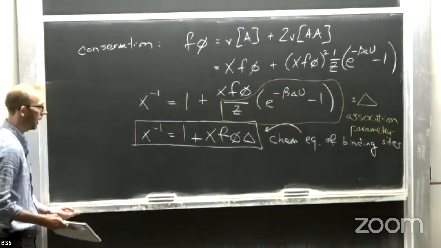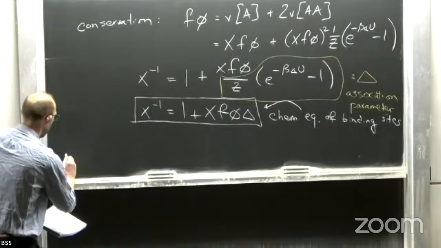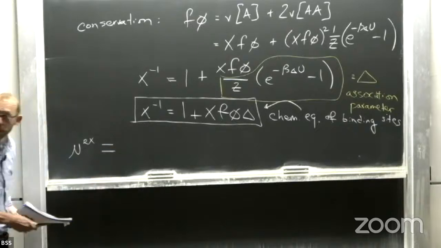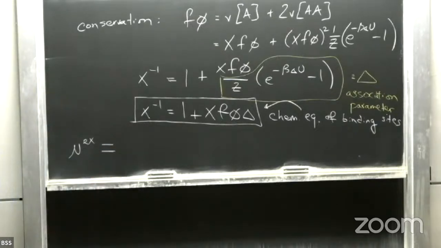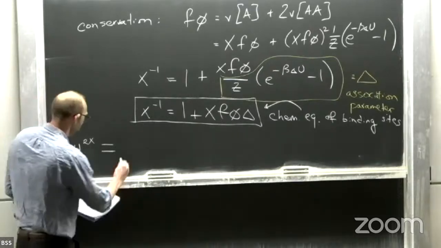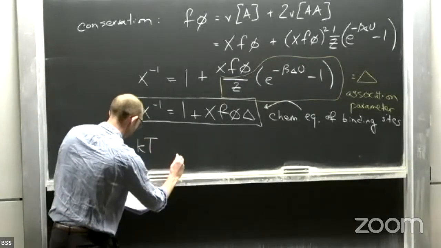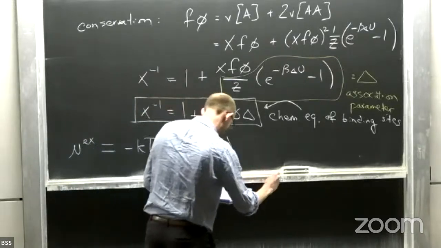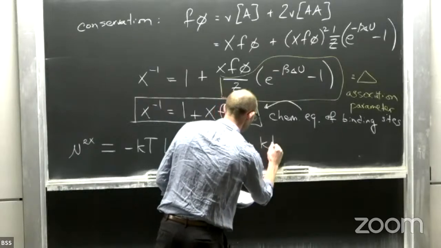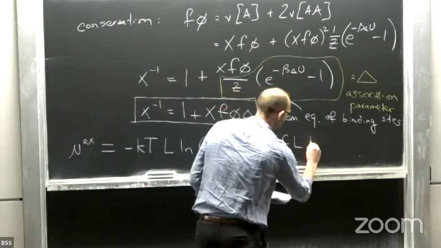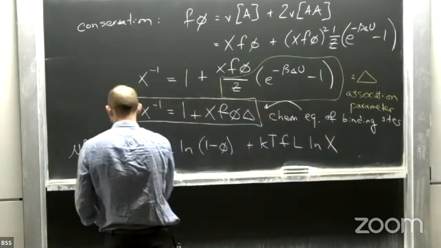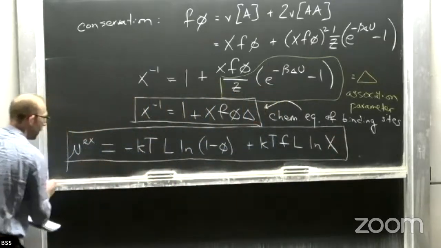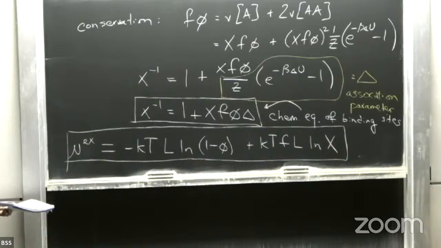Okay. And with this in hand, we can finally simplify our expression for the excess chemical potential, which was here. You'll see that this reduces to this, our key expression for associating polymer theory.